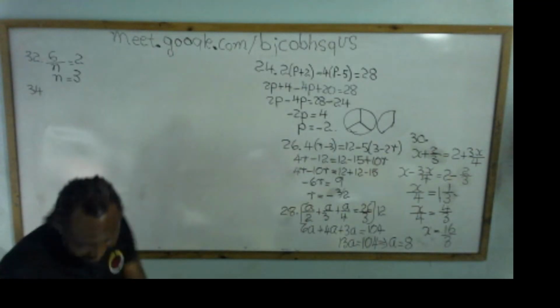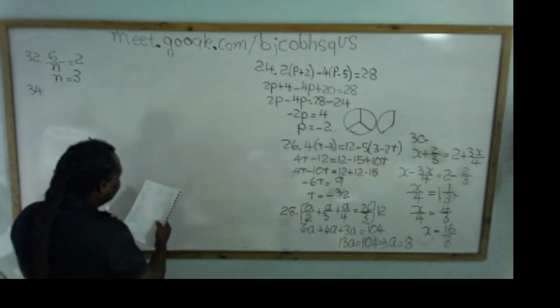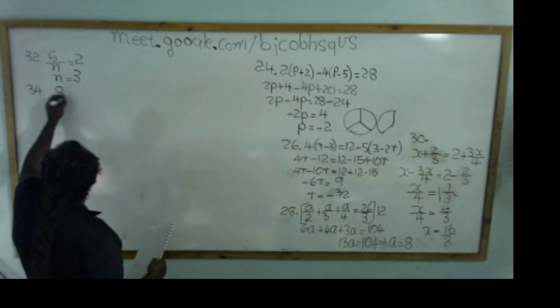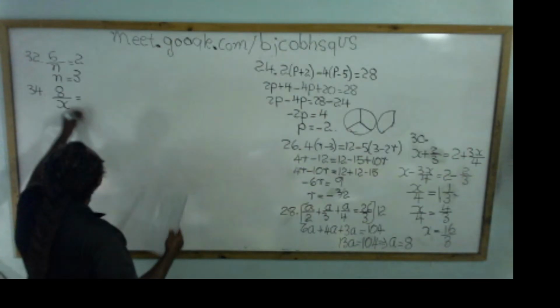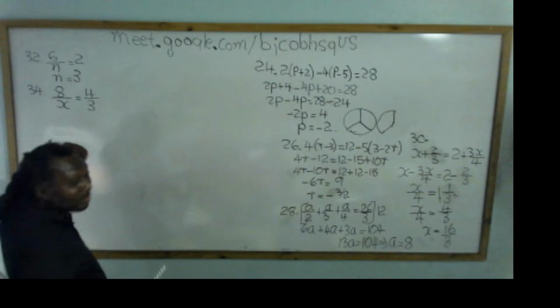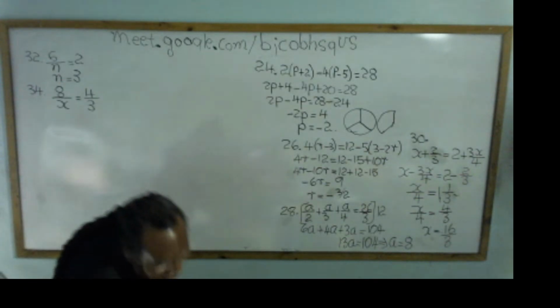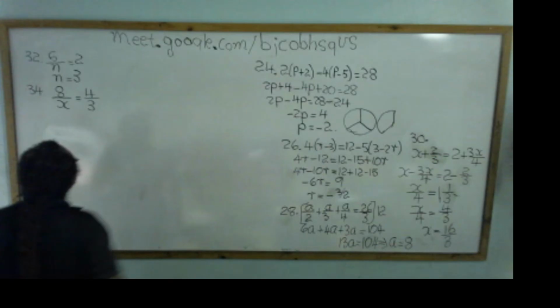34. Eight over x is equal to 4 over 3. Students, do not show off your mathematical skills. Show off your common sense. All right, look at this one now, students.